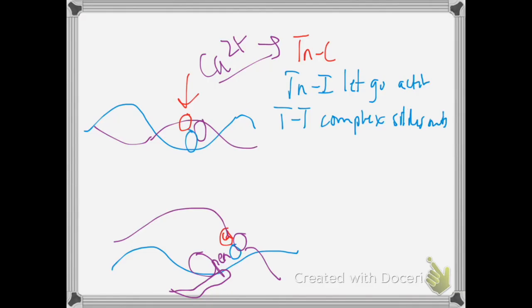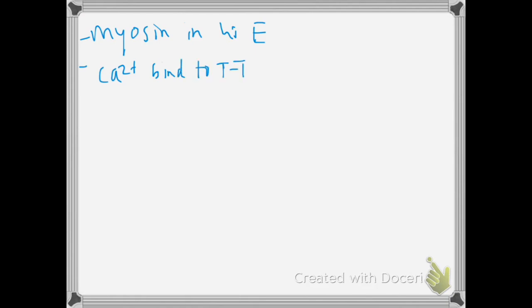So we're going to start with the myosin in its high energy configuration. Calcium is going to bind to the troponin-tropomyosin complex, specifically troponin C, which causes troponin I to let go of actin, and this whole complex is going to slide out of the way. Because of this, we get the exposure of that myosin binding site.